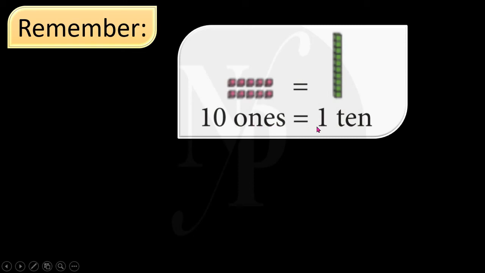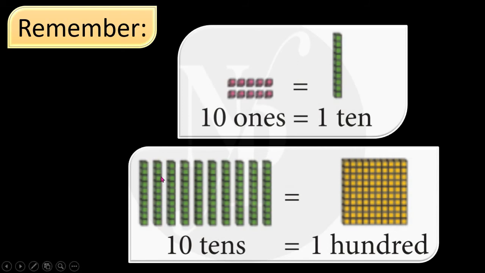Please recall those. Also, we know that if there are 10 such rods of beads containing 10 beads in each rod, that will be equal to 10 tens. There are 10 tens here, which will be equal to 100.